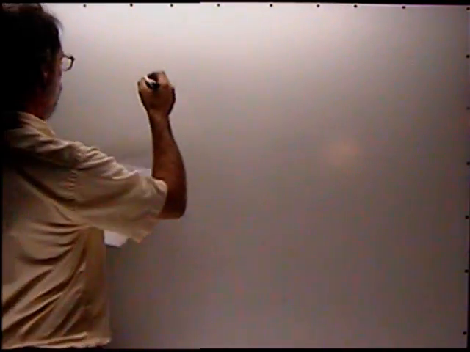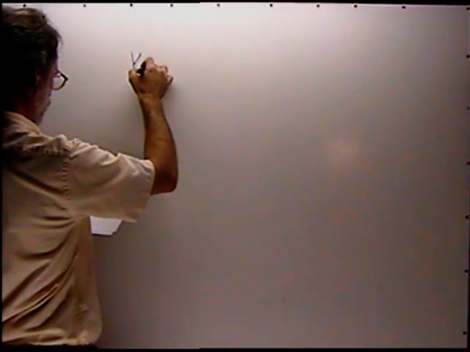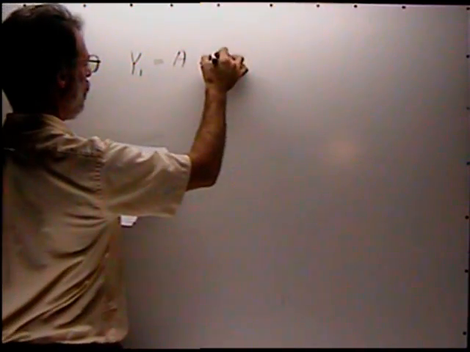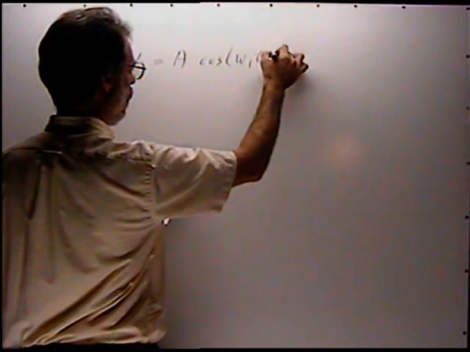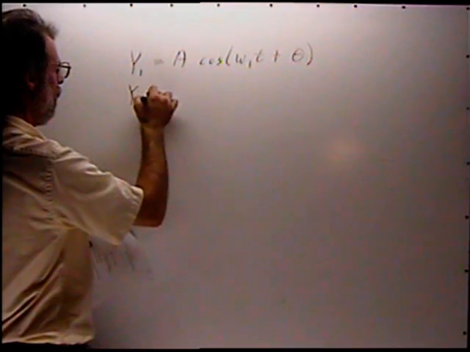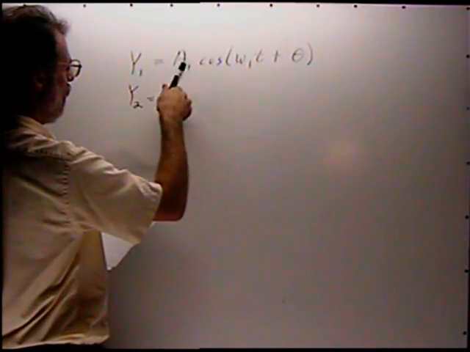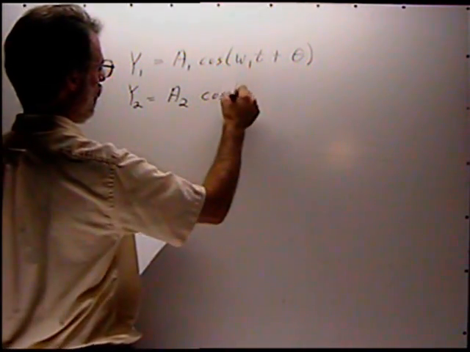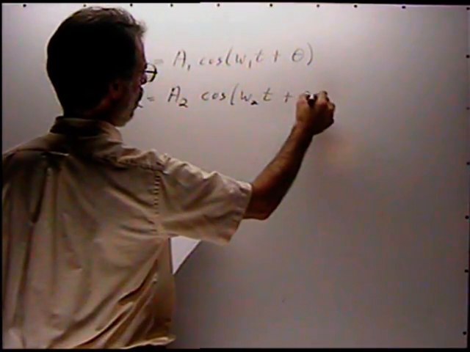Basically I'm giving you two sinusoidal curves. Y1 is A1 times cosine of omega 1 t plus theta 1, and Y2 is A2 times cosine of omega 2 t plus theta 2.